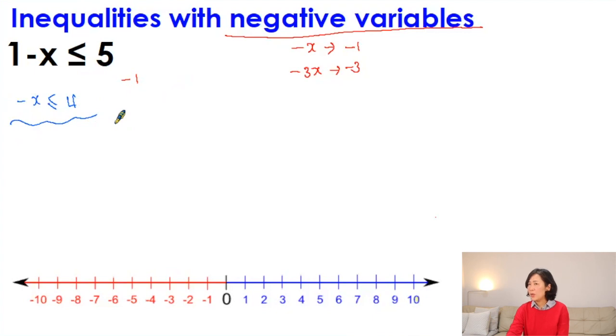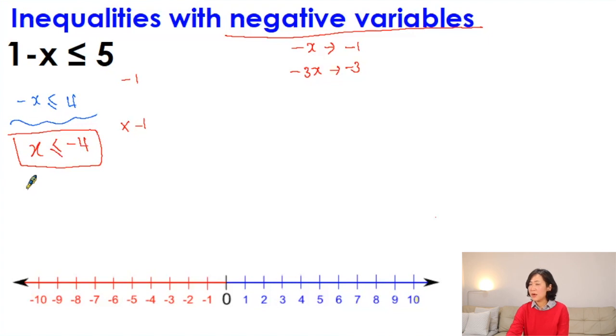If you want to make the negative number a positive number, what do we normally do? We divide or multiply by minus 1, right? So let's times by minus 1 so that we can have x, and on the other side we have minus 4. Then let's copy down our symbol. Let's see what will happen. Let's test it because we don't know how to deal with negative variables yet.